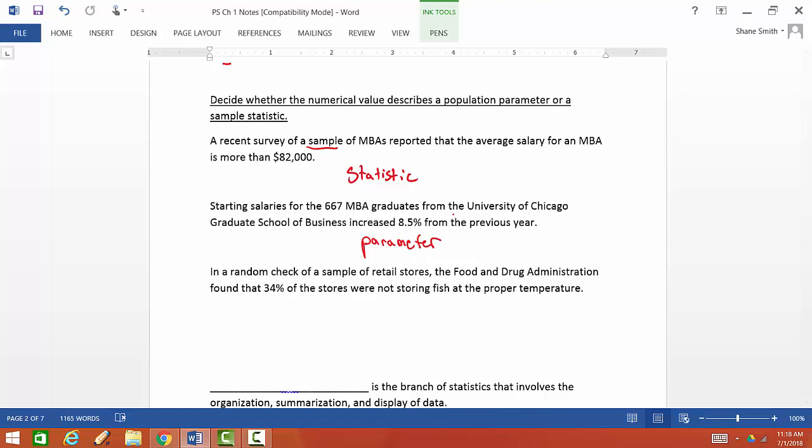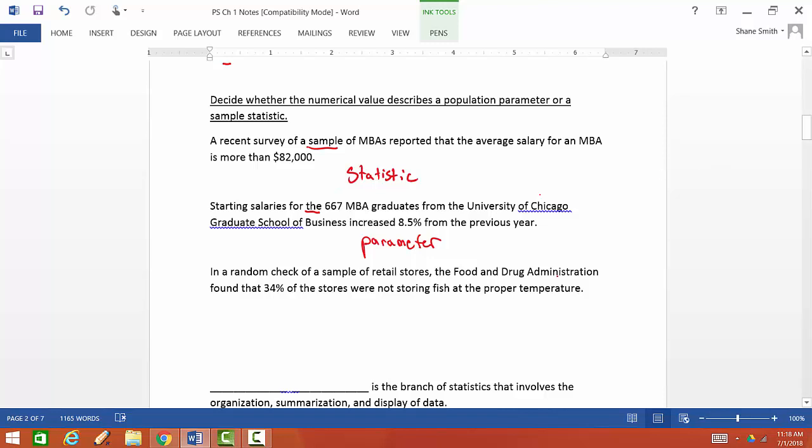Well, you have to be careful here because in statistics, whenever you read problems, and you'll find this as you go throughout this course, just one small word can make a difference. And the small word here is the. If it's the 667 graduates, that is it. There's no other graduates besides the 667 graduates. It doesn't say this group is a part of all the graduates. That is it. So this is a parameter.